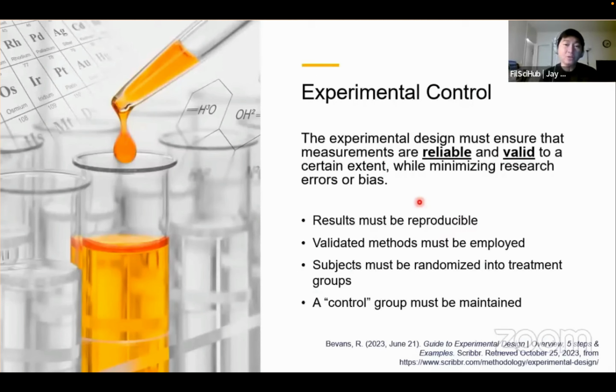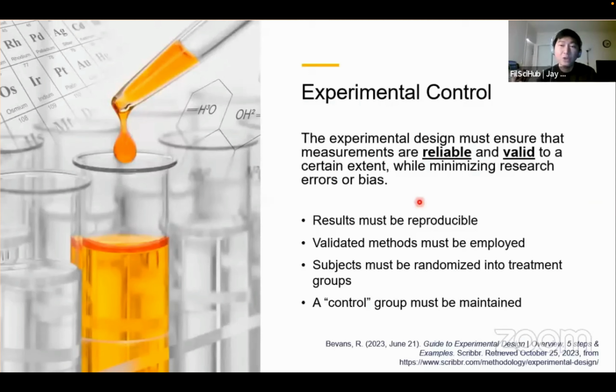So kung inulit ito ng iba pang grupo or ng iba pang estudyante the year after, doon mapupuprove na reliable yung ating method or analytical technique na ginamit. And also, the methodology should be valid.